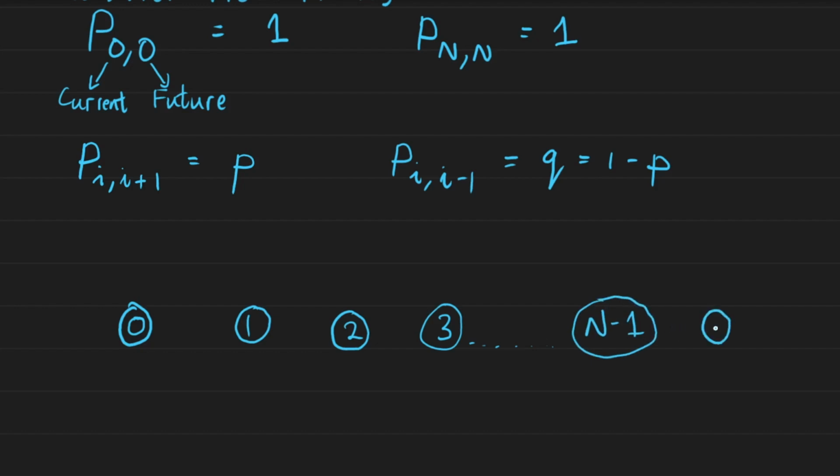And then lastly, state n. So what we have said is that if the gambler is in state 0, then they remain in state 0. And similarly, if the gambler is in state n, then the gambler remains in state n. And these probabilities are 1.